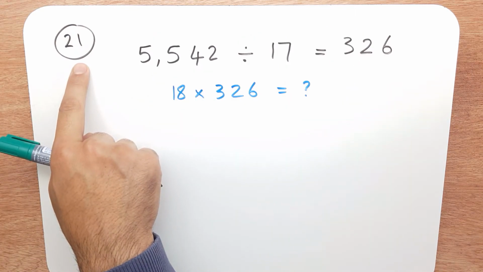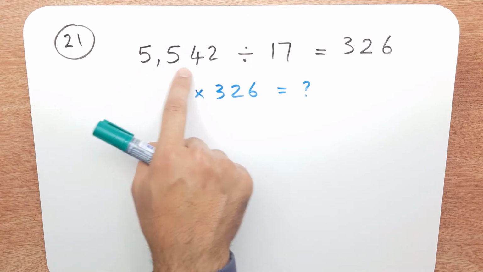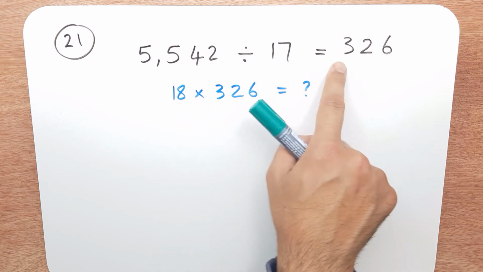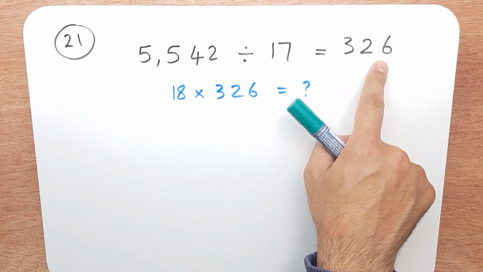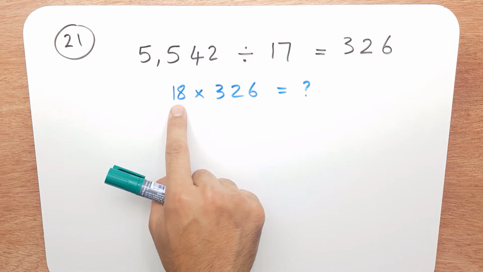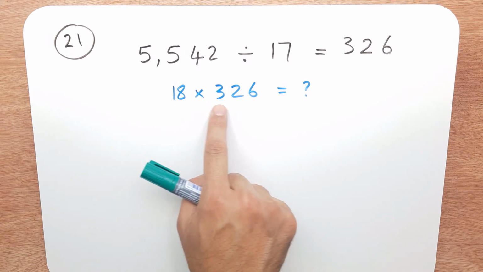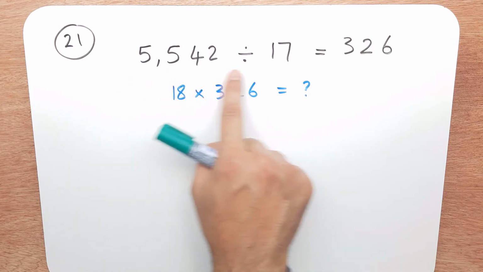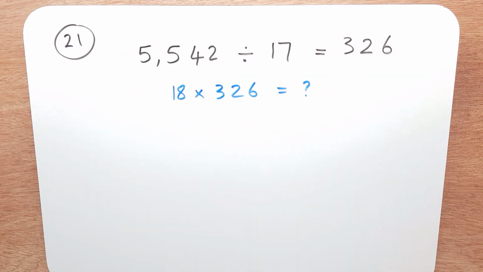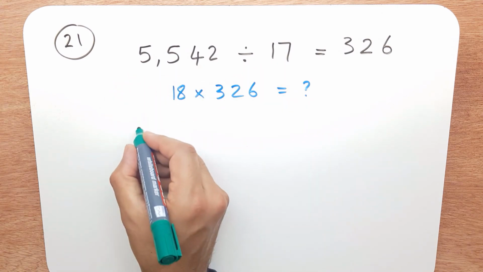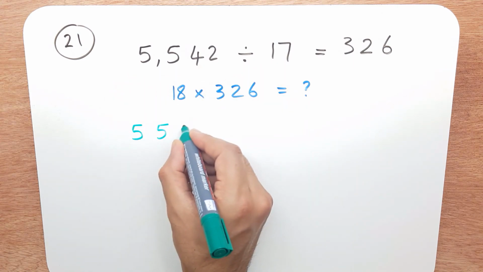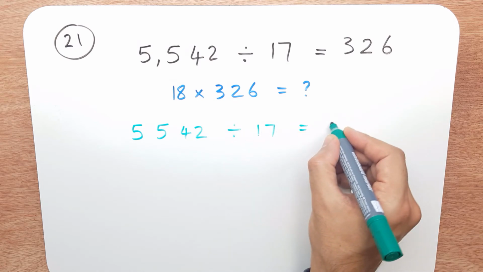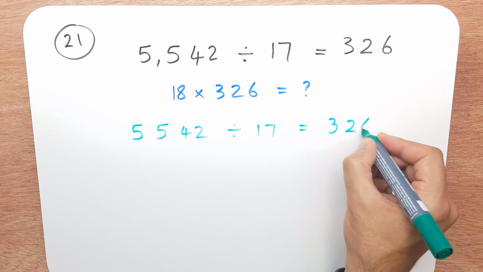With question 21, we're given 5,542 divided by 17 equals 326. And they want us to work out 18 times 326 in an easy way using this information they've given us. So let's write this down here. 5,542 divided by 17 equals 326.